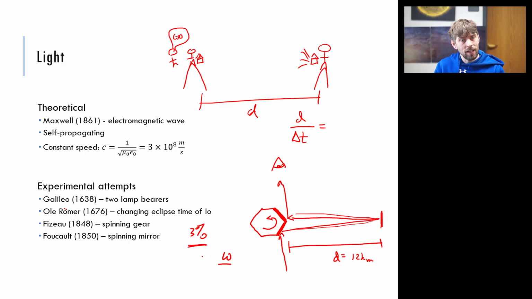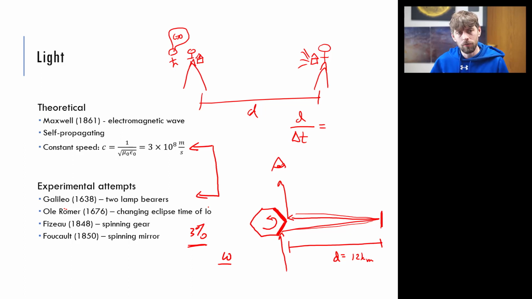And so that's where the connection comes in: Maxwell, through his theoretical framework, finds a value that resembles very closely the speed of light that has been determined experimentally. And so the connection is finally made that perhaps light is actually an electromagnetic wave.